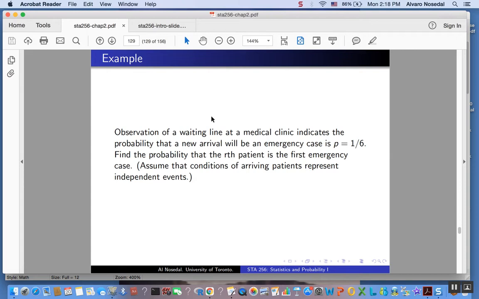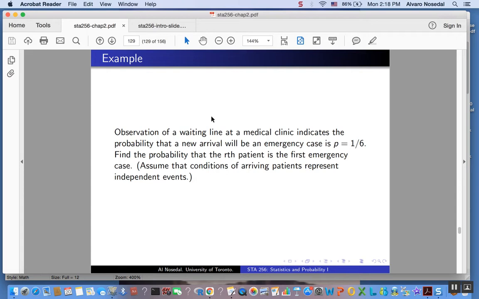Now the ultimate goal is finding the probability that the rth arrival, the rth patient, is the first emergency case. Basically what we want is a formula to find that probability.